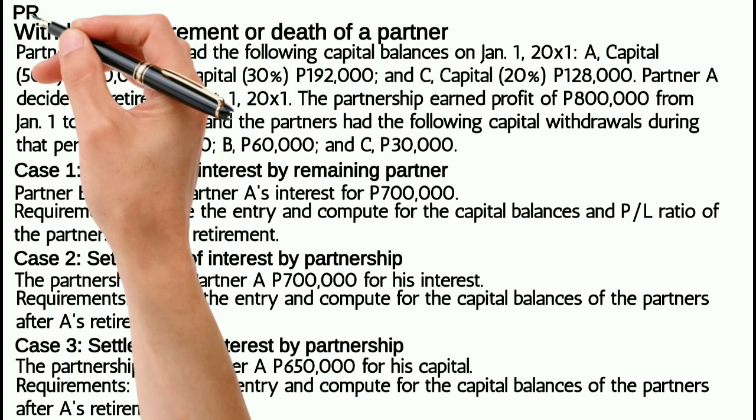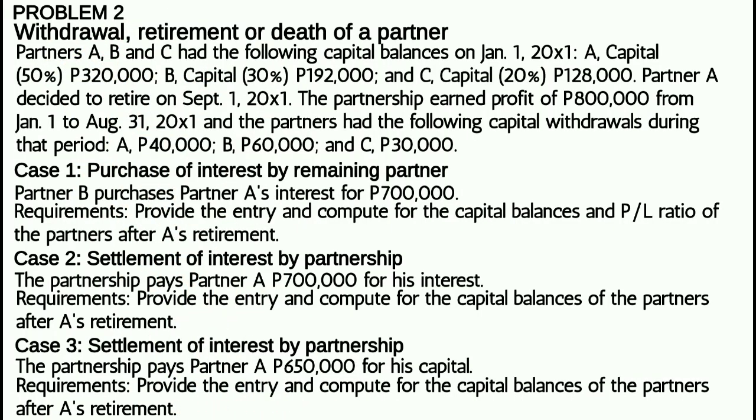Let us now proceed to problem number 2, withdrawal, retirement, or death of a partner. Partners A, B, and C had the following capital balances on January 1, 20X1. A capital, 50%, 320,000 pesos. B capital, 30%, 192,000 pesos. And C capital, 20%, 128,000 pesos.